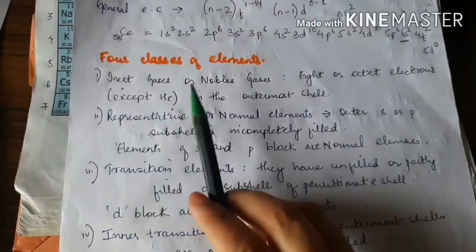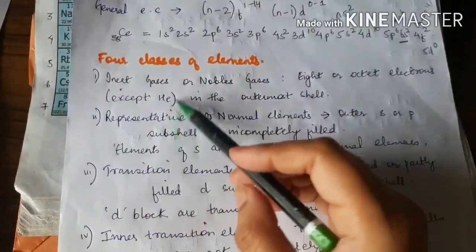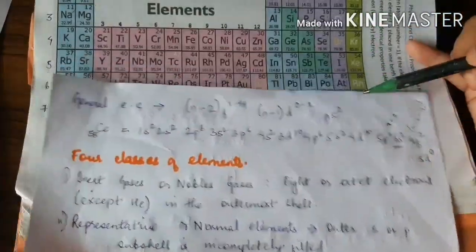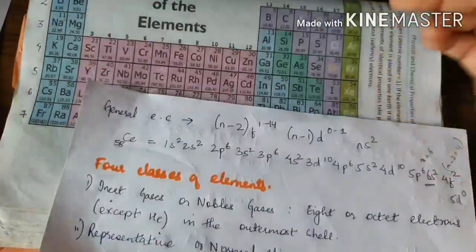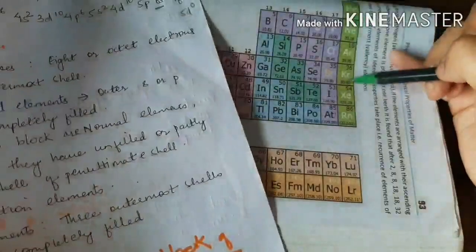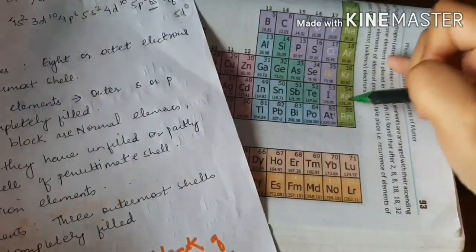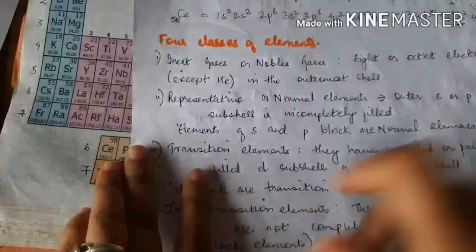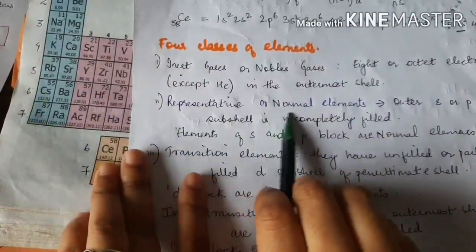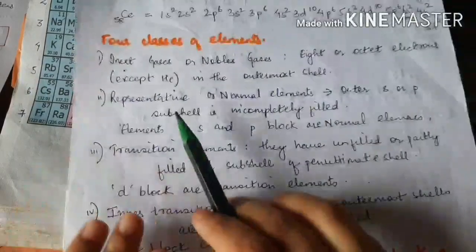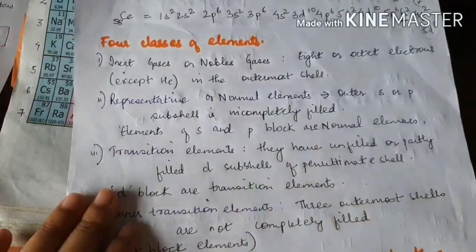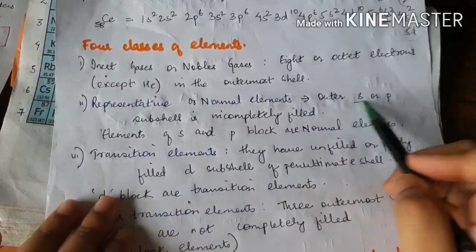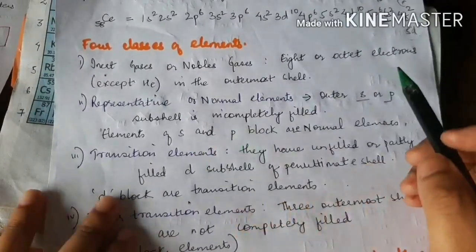Then after that, you have 4 classes of elements. The 4 classes would be, first, the inert gases, also called the noble gases, as you know. They have a very stable octet configuration in the outermost shell. Then you have representative or normal elements, which just have the outermost shell incomplete: the outermost s or p subshell will be incompletely filled.